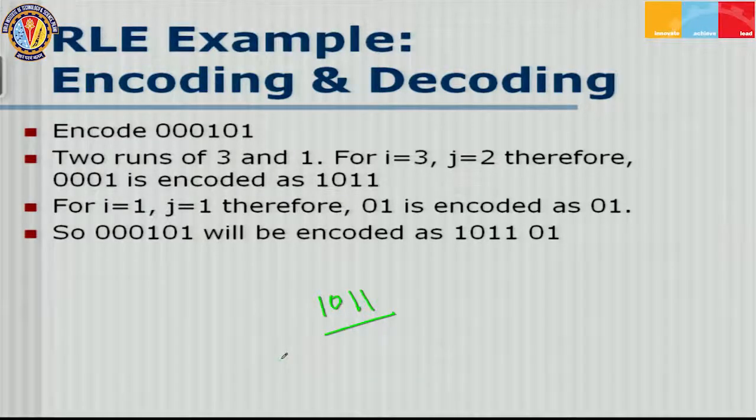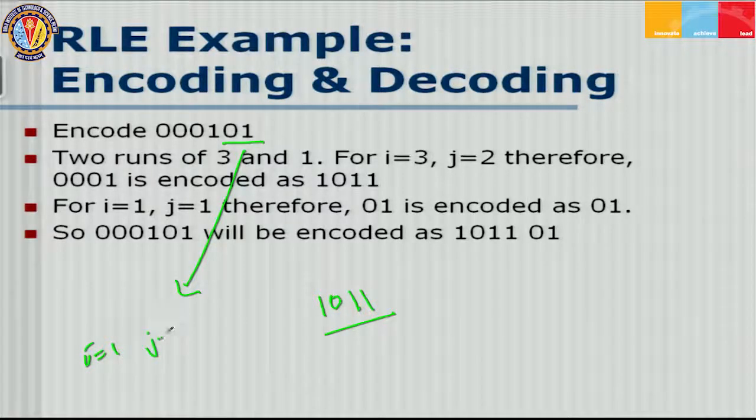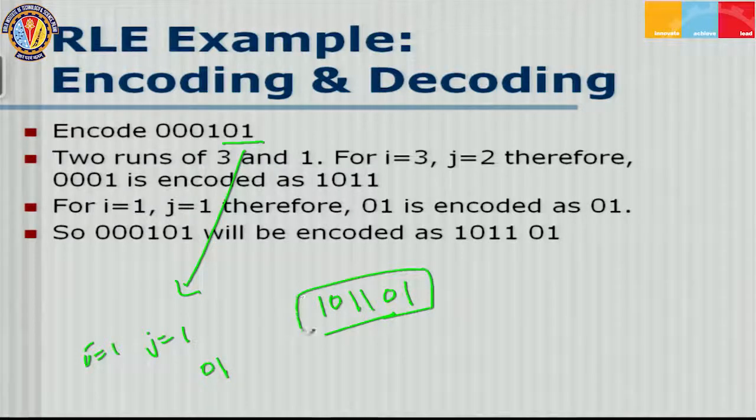Similarly for the other run 01, I is equal to 1, therefore j is also equal to 1. So j minus 1 is 0 ones, so it will start with a 0 and be followed by 1 in binary, that is 1. So the run length encoding of the given bit vector would be 101101.